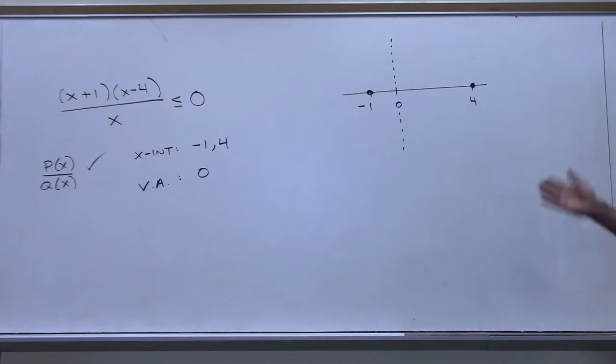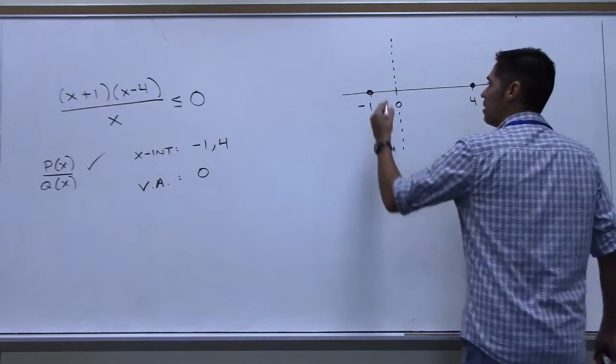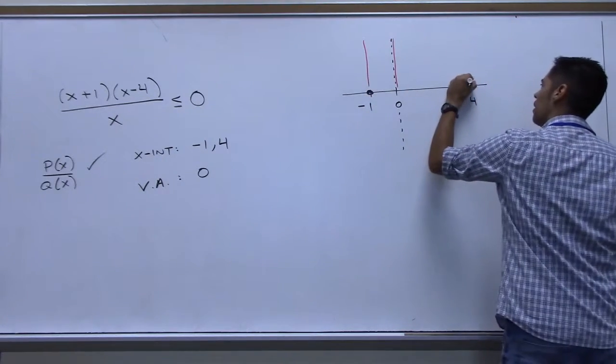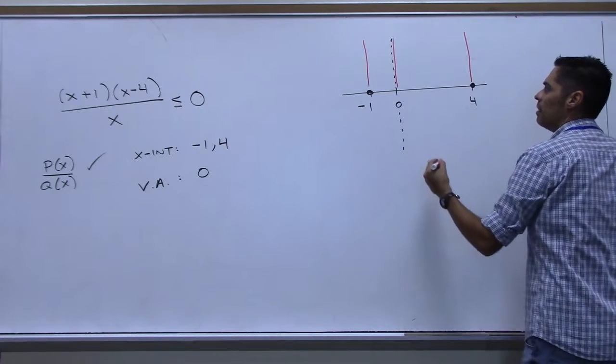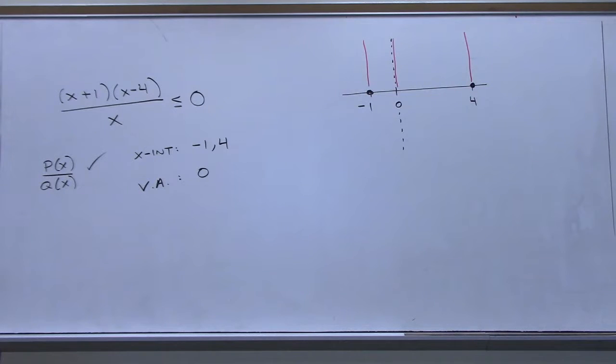Test points are going to come in between my x-intercepts and verticals, so I should have one more than the number of x-intercepts and verticals added together. So I should have how many test points? 4. It's going to create how many regions here? We have 1, 2, 3, 4 regions possible for my answer.